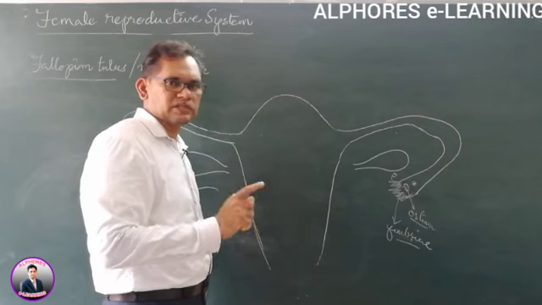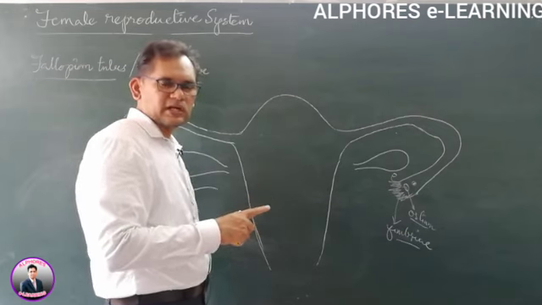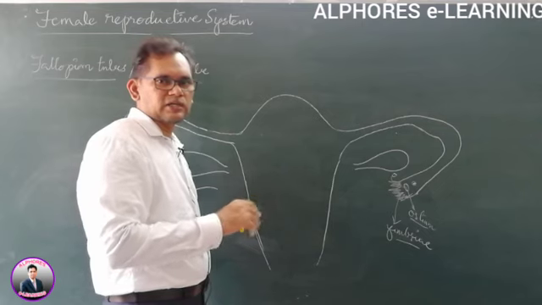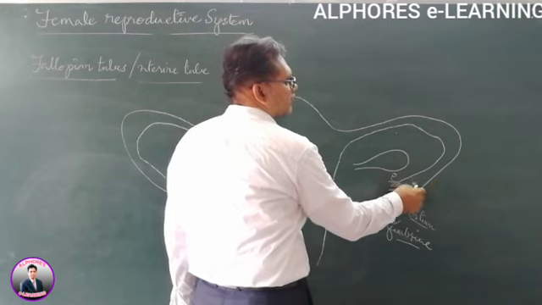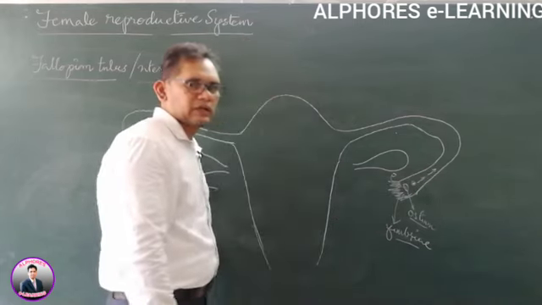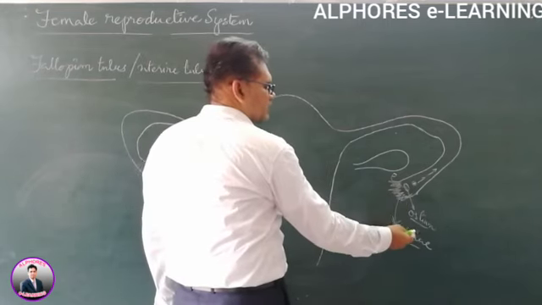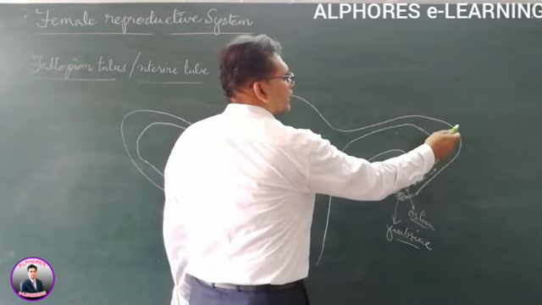Because of the presence of ciliated cells as well as glandular cells which are present inside, the ciliated cells along with the peristaltic movement, the ova moves in the fallopian tube, and it reaches here.